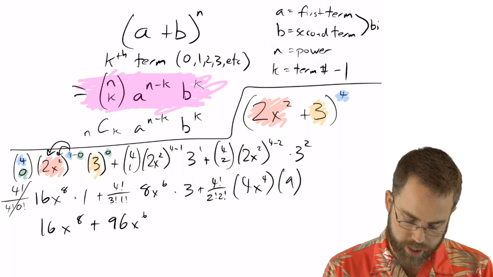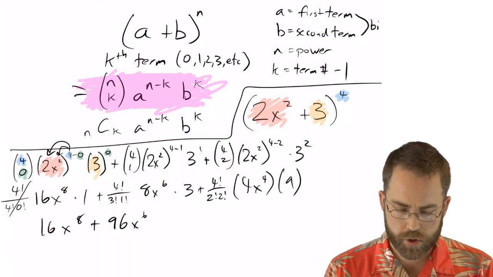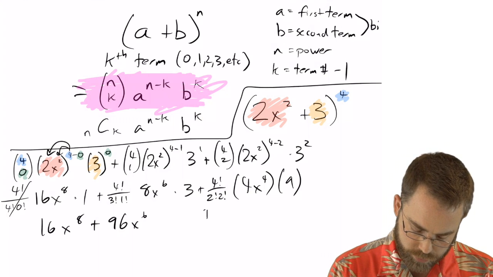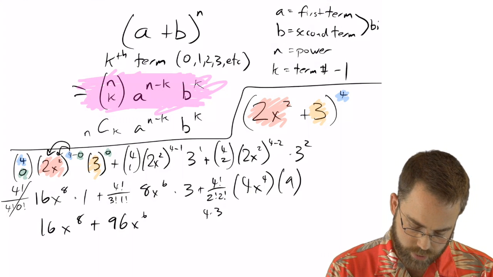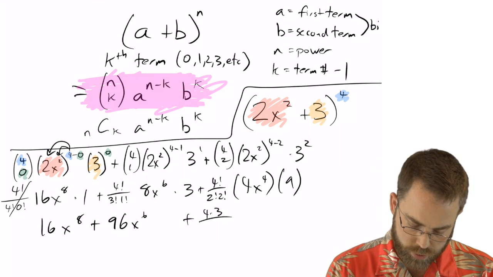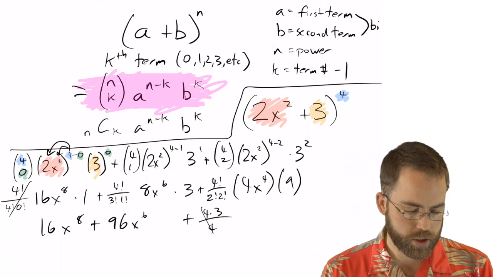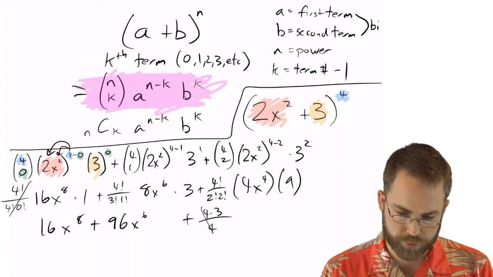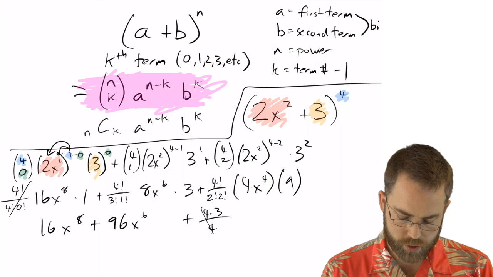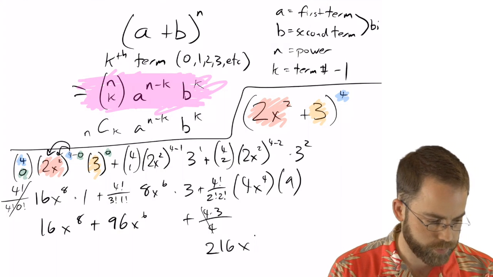And so 4 factorial is 4 times 3 over 2 times 2. So that's 3. 3 times 9 is 27. Times 4 is 216. Okay, so that's 216x to the 4th.